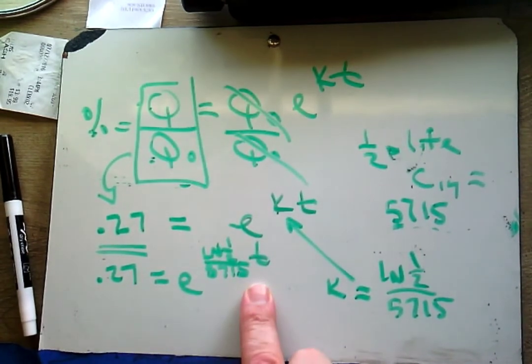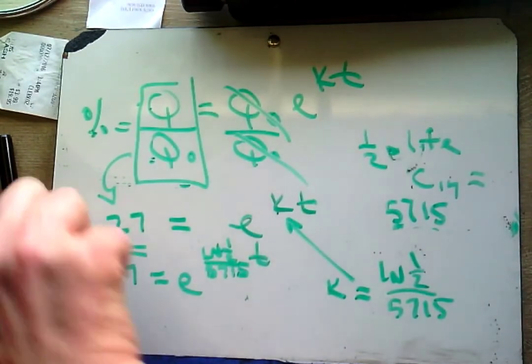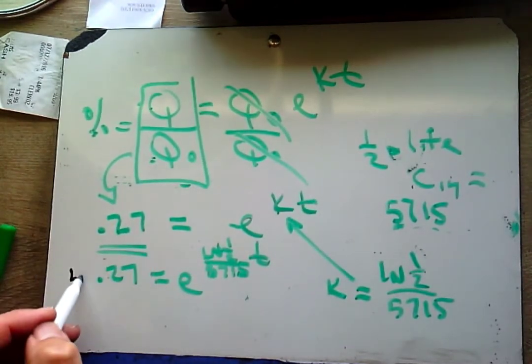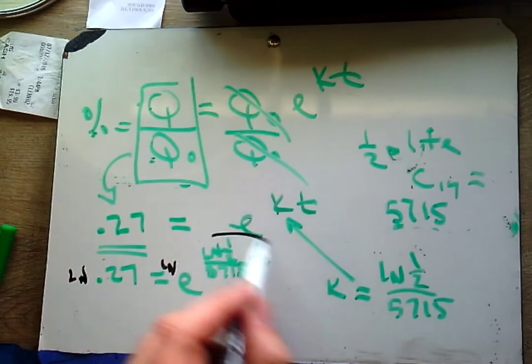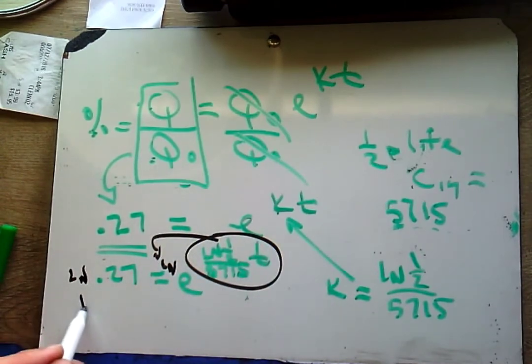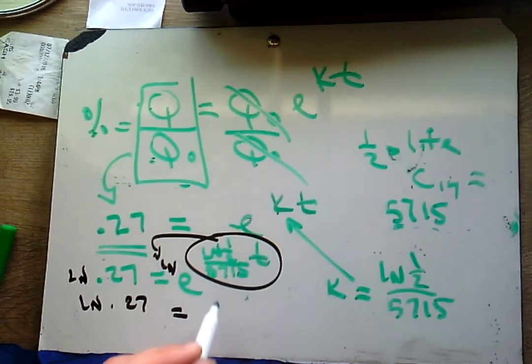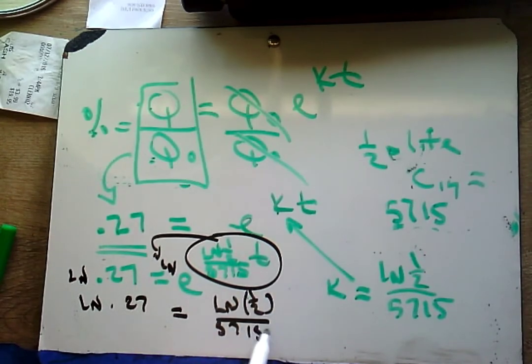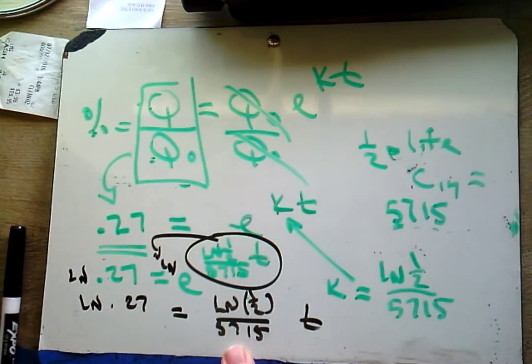I'd like to solve this equation for t, which means I'm going to have to take the ln of both sides. This can then come down. ln of 0.27 equals ln of a half over 5715 t. And so if I want to get t by itself, I'm going to multiply both sides by 5715 and then divide both sides by ln of 1/2. Why don't you pause the video and give this a try. See what you can get.